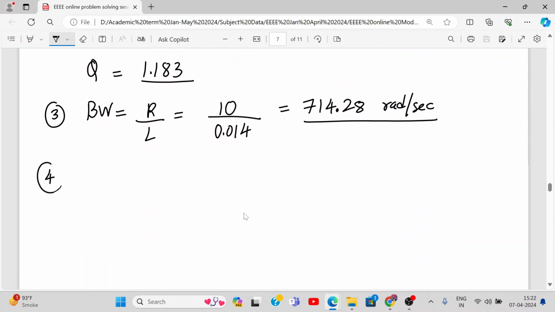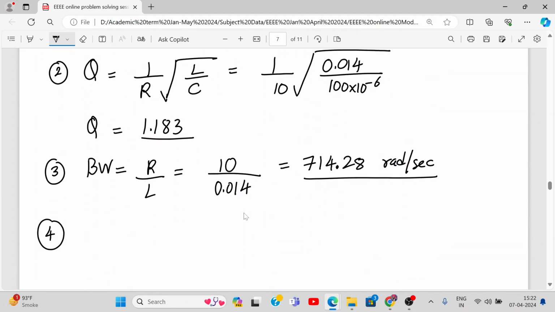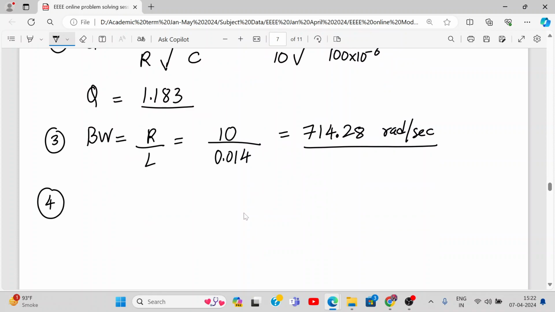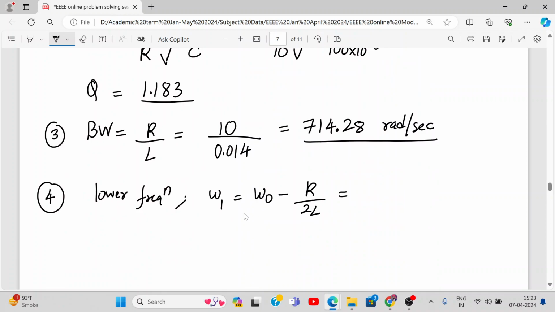Now fourth, how will you find upper and lower points? What we have to find next? Upper and lower frequency points. There are two formulas: lower frequency omega 1, which is omega naught minus R by 2L. Calculate this. Omega naught is how much? 845.15.